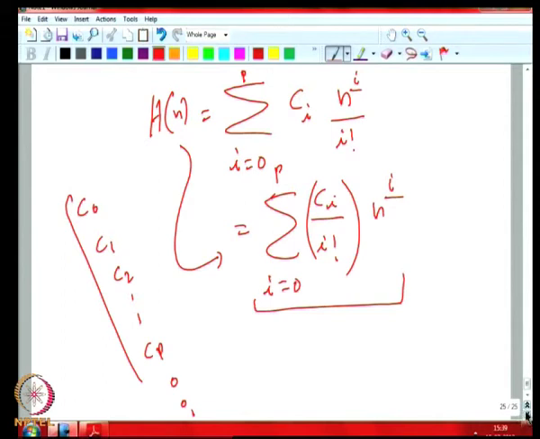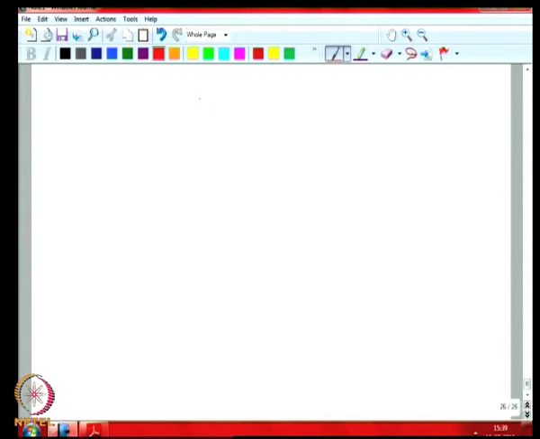Now, we will just notice that if you are familiar with linear algebra, it is not very surprising, because if you are talking about a polynomial, say h of n, which is of degree p, then definitely if you consider the vector space of polynomials of degree p, you know 1, x, x square, up to x raised to p form a basis for these polynomials.